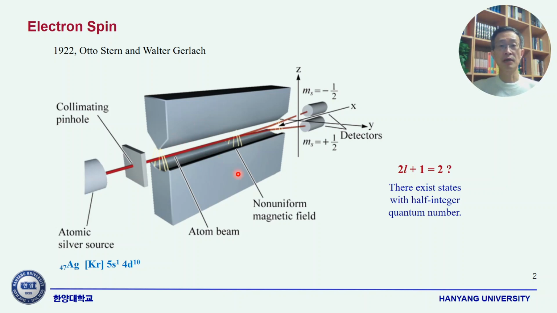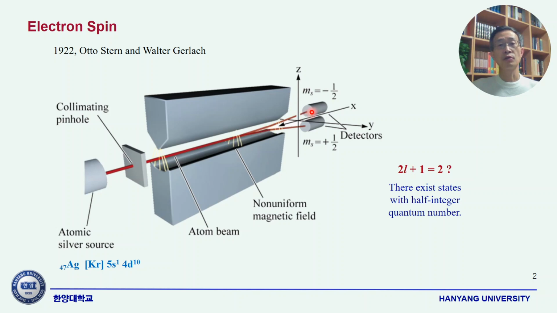But in this case, we have an inhomogeneous magnetic field. So if a charged particle or something with magnetic property flies through this inhomogeneous magnetic field, it should deflect. So let's see. But what they observed is two deflections.